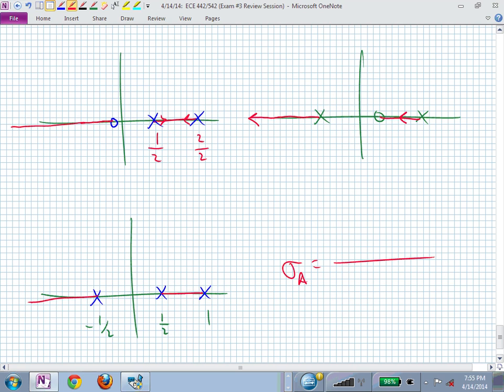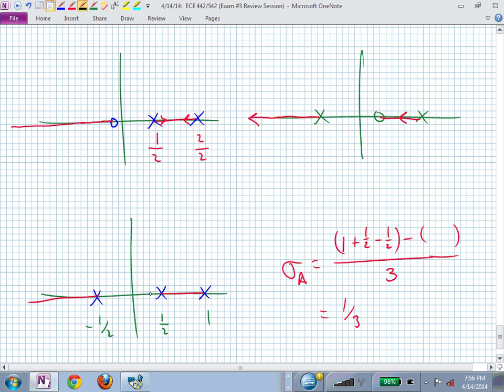I sum my poles. I have a pole at 1, I have a pole at 1/2, and I have another pole at minus 1/2. I subtract my zeros, which I do not have, and I divide by my pole zero excess. My centroid is at 1/3.